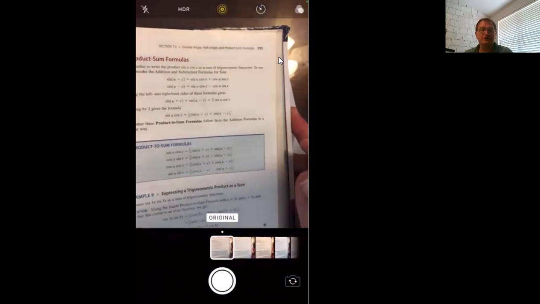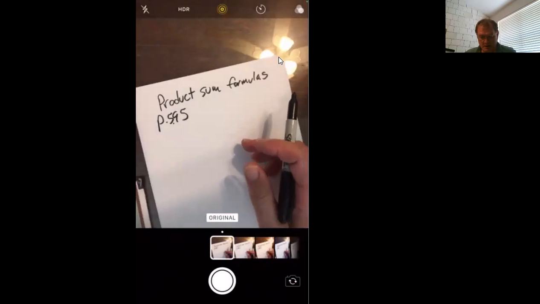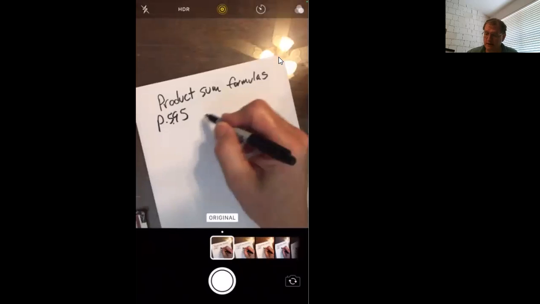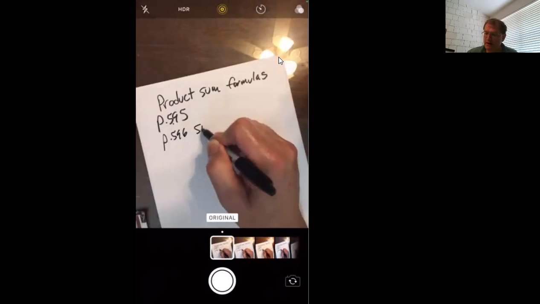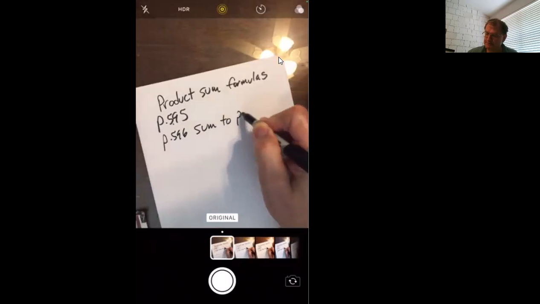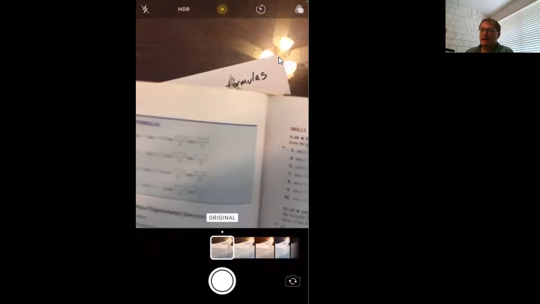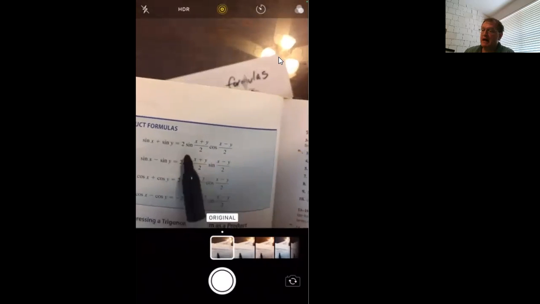A lot more gibberish, and we'll want to work as many as I can. Hopefully you believe. And then there's actually page 596, sum to product, where you can take different combinations of sines and cosines added or subtracted, and then they multiply out.